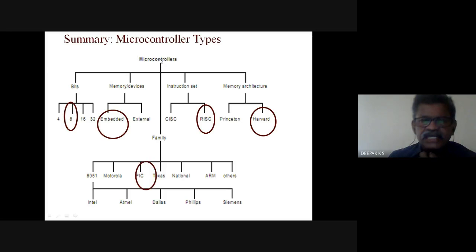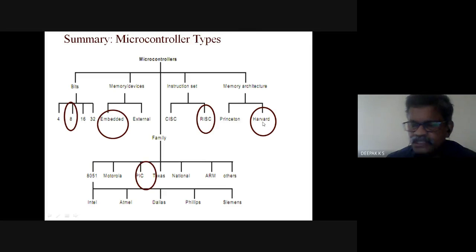So basically, amongst the microcontrollers, you could have, depending upon the bits, whether it is 8-bit or 16-bit or 32-bit, whether memory is inside of this chip, whether the instruction set is CISC or RISC, or whether the architecture is von Neumann, which is Princeton University based, or Harvard.